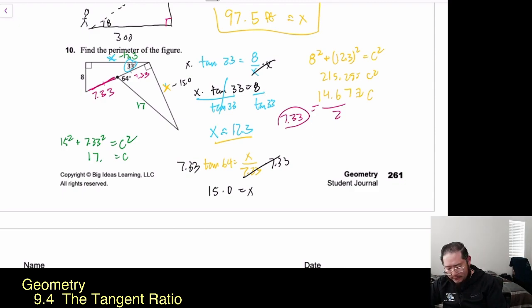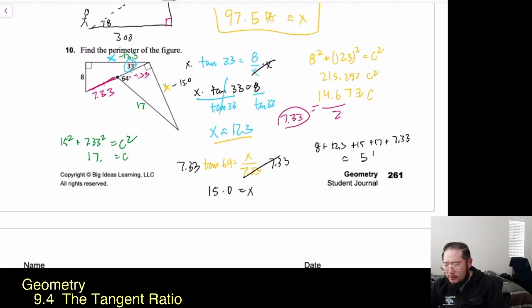I get myself 51.63. Okay, so when I add everything together, I got 8 plus 12.3 plus 15 plus 17 plus 7.33. All of this gets me approximately 51.6.